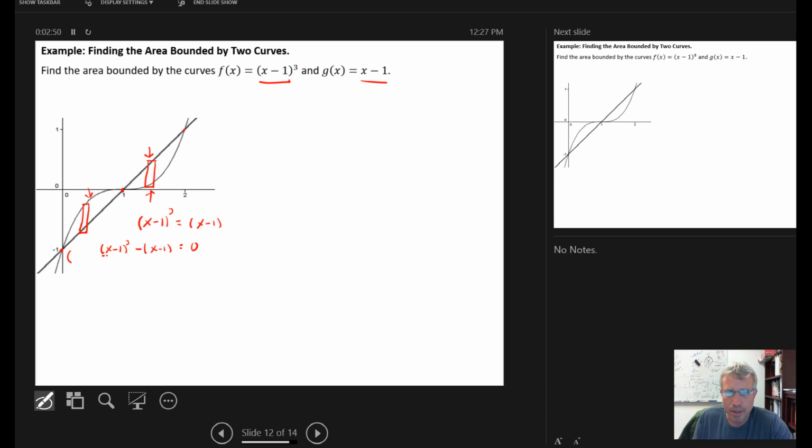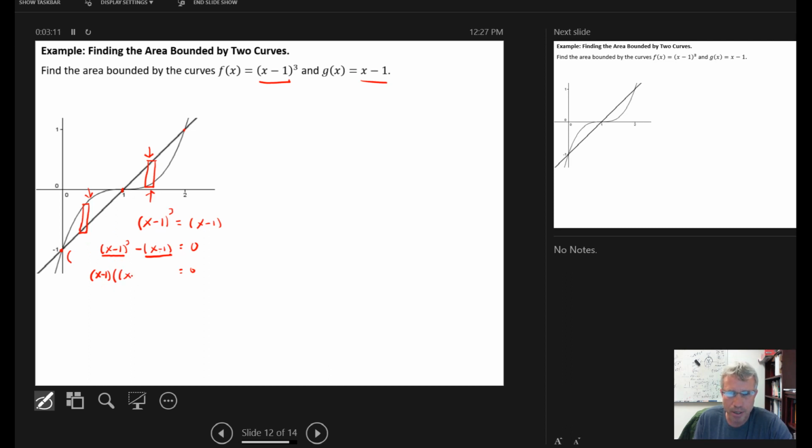And then what I want to recognize is that x minus 1 is the same here and here, so I can factor an x minus 1 off. I want to avoid cubing this if I can. So factoring off an x minus 1, which shows up as a factor in each of these terms, is going to leave behind an x.